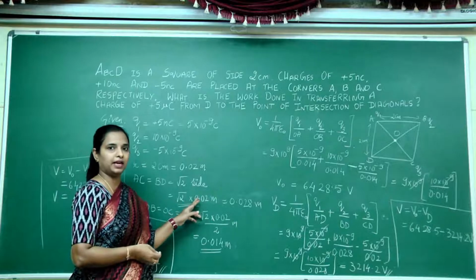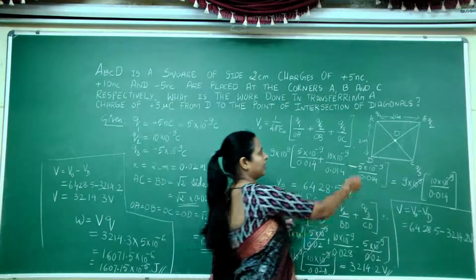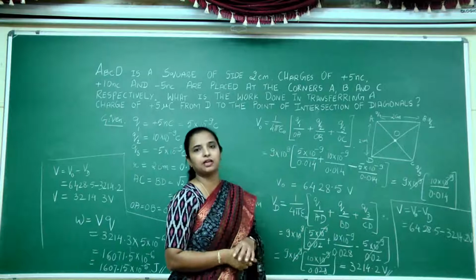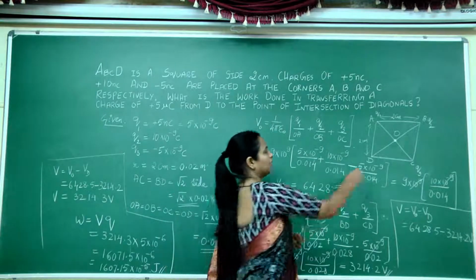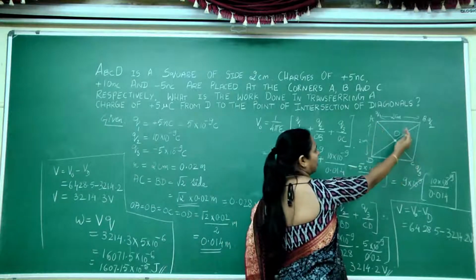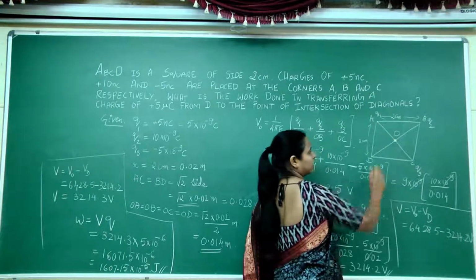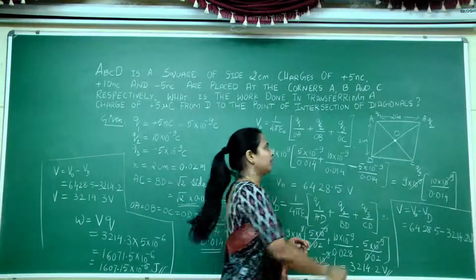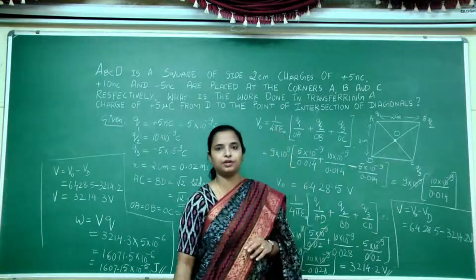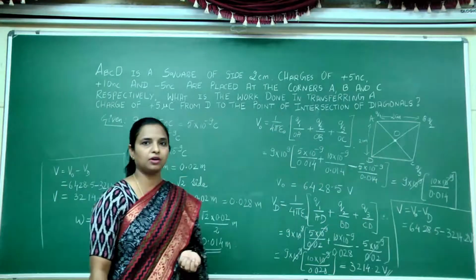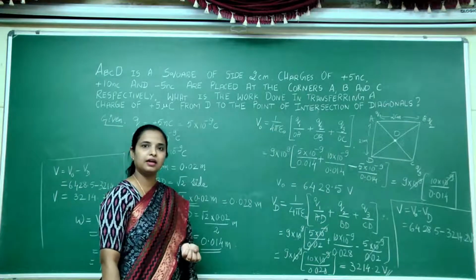If you forget this, you can calculate the diagonal by using the Pythagoras theorem, because when you draw the diagonal, half of the square will become a right angle triangle and the diagonal will be the hypotenuse. Then using the Pythagoras theorem, you can calculate the diagonal.